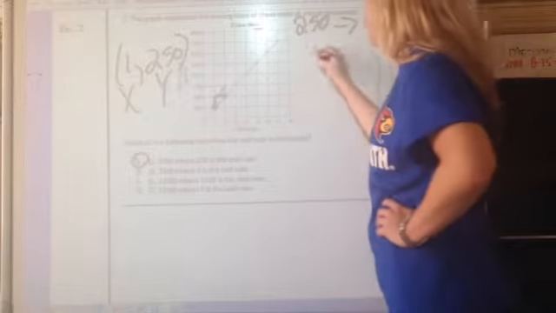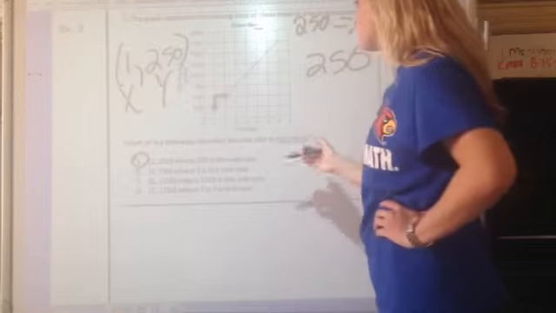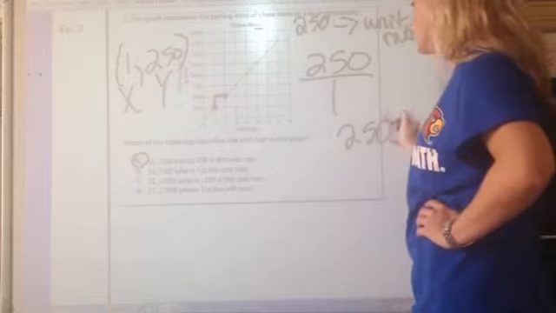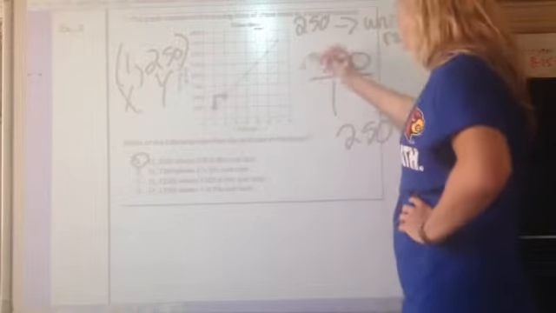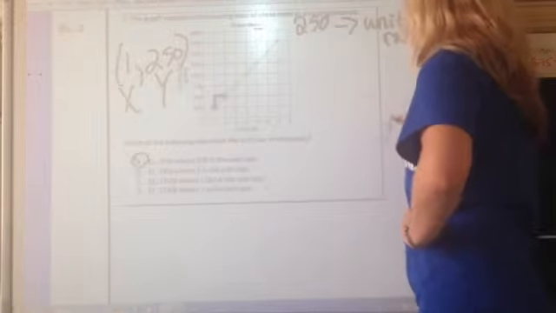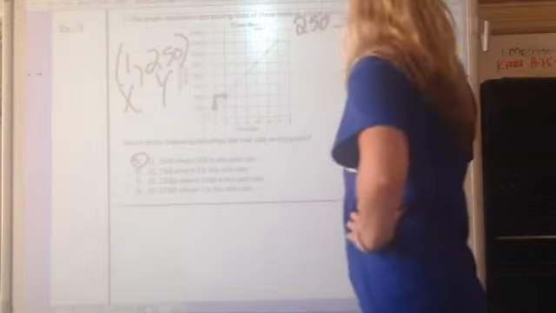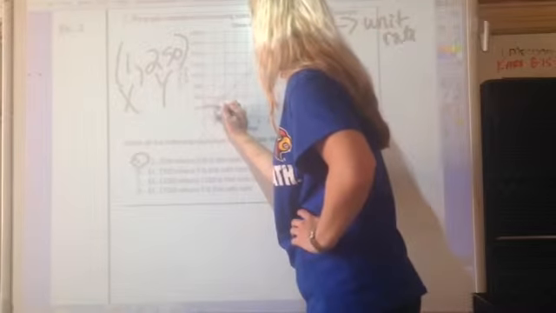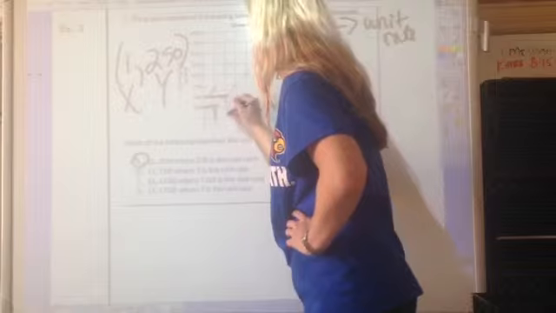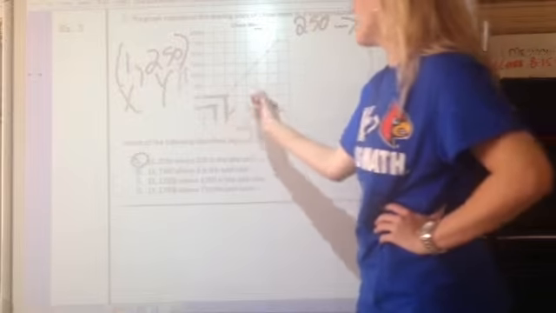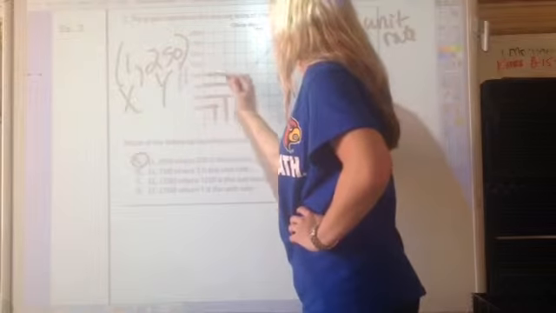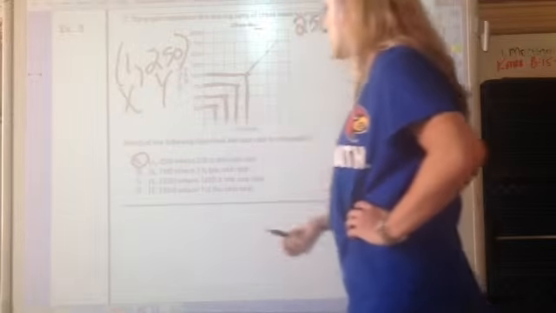So, if I go up by 250 and I go over by 1, yes, I still get 250 each time. So, as my servings increase, it's proportional because as x increases by 1, y increases by 250 each time, which is my unit rate.